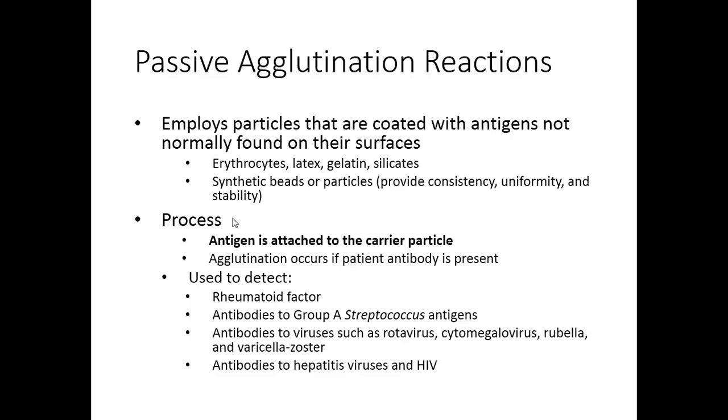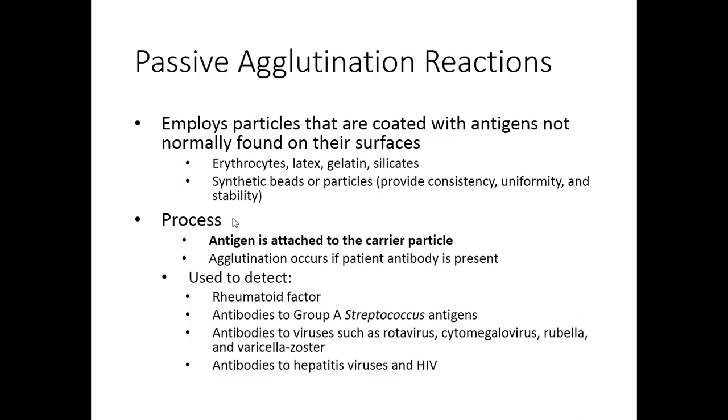The next kind of agglutination reaction is passive agglutination. Might be easier if they were called by their other name more often, but they're not. Passive agglutination is sometimes called an indirect agglutination reaction. In passive agglutination reactions, particles like red blood cells or inert particles like latex or even some natural things like gelatin or silicates, synthetic beads, any kind of particle, are coated with antigens that aren't normally found on that cell.